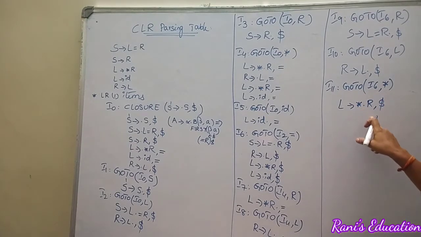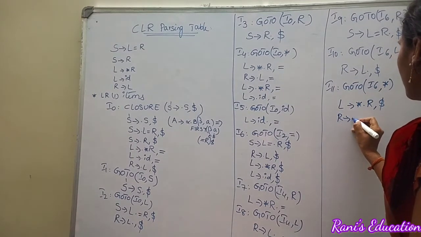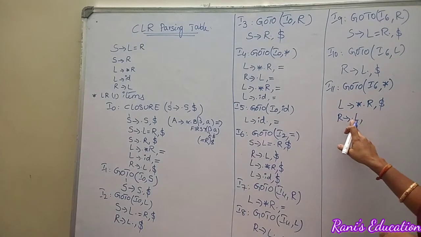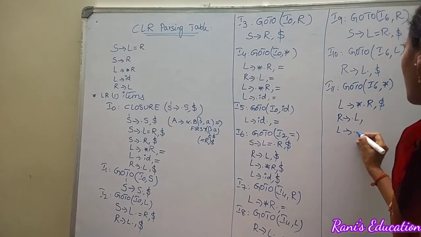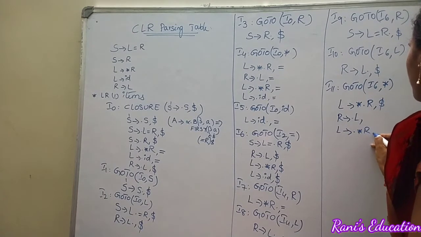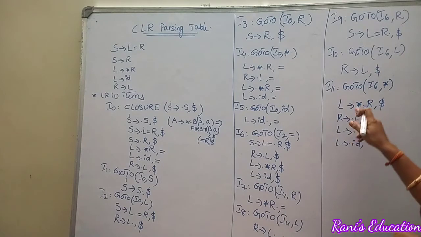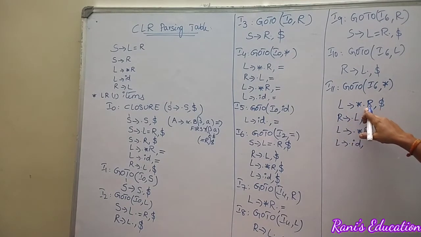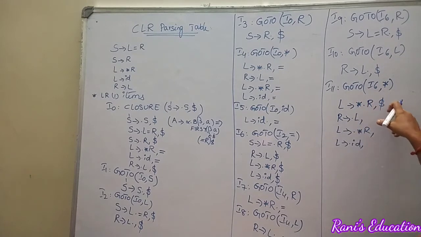So after dot we have a non-terminal. So we are going to include our productions here. R derives dot L. So after that we have a non-terminal L. So we need to include L productions as well. L derives dot asterisk R or L derives dot id. Okay. So with respect to this first production, I have written R production, isn't it? Now I am going to apply the rule.